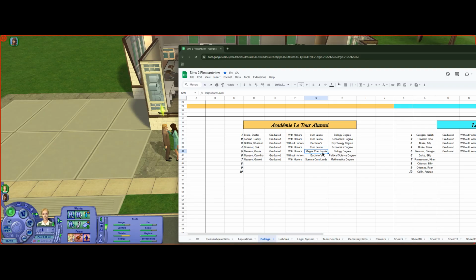So if you get the magna cum laude, that just means you graduated with highest honor, okay? You graduated with the highest honor. But Garrett here graduated with summa cum laude, and that just means he graduated, he was the very top of his class. So the very, very top 1 to 5% of Sims at the very top of his class.